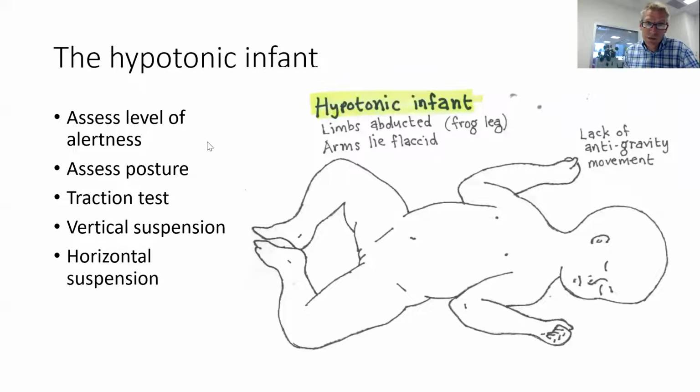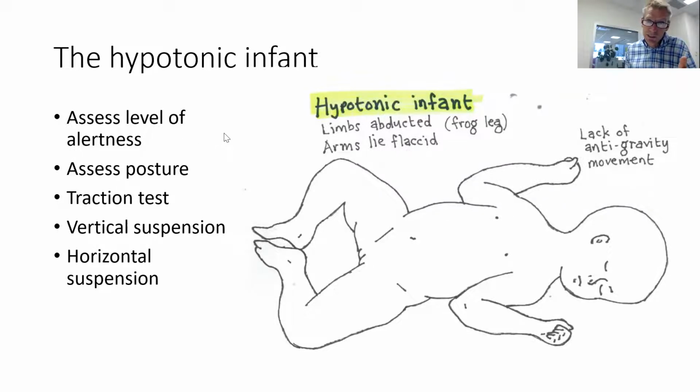Depending on where the lesion is, they may either have a normal conscious state, awake and alert, or their conscious state may be depressed. And from that feature, the babies can have central hypotonia or peripheral hypotonia, and you can make a distinction by the level of alertness that the baby has.